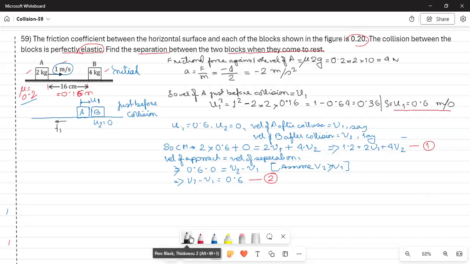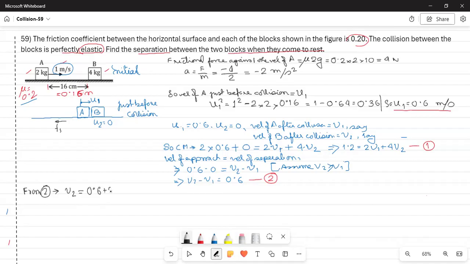Now we solve them. From equation 2, we get V2 is equal to 0.6 plus V1.